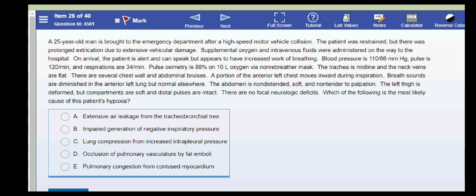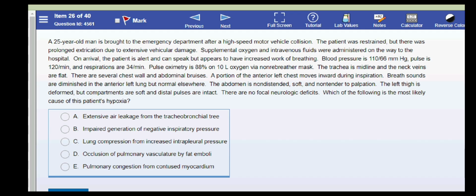A portion of the anterior left chest moves inward during inspiration. This is what we call paradoxical inspiration, because in normal inspiration the chest goes outward, not inward. But here, it's inward. We'll see why. Breath sounds are diminished on the anterior left lung, but normal elsewhere.